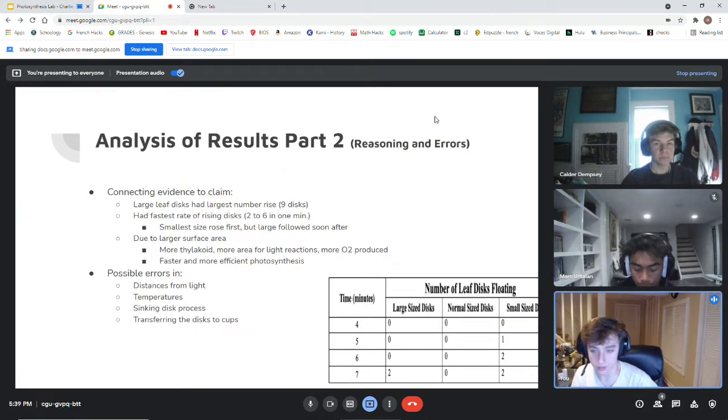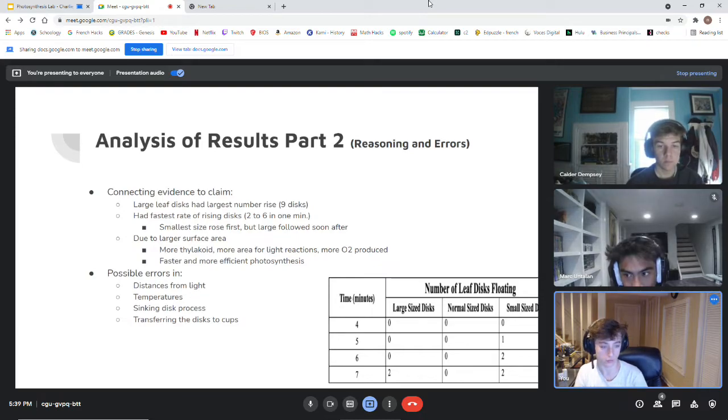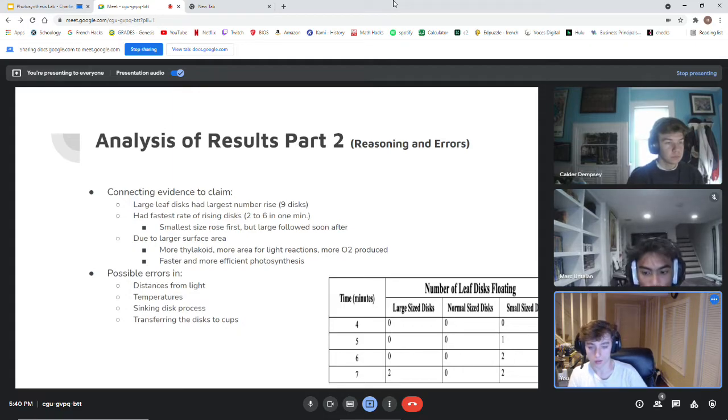In terms of reasoning and error, like I said, the largest leaf disc had the largest number, meaning that they performed the most photosynthesis, giving them the most oxygen to be able to rise. And it had the fastest rate of rising with that big jump, which points to the faster rate of photosynthesis with the more surface area.